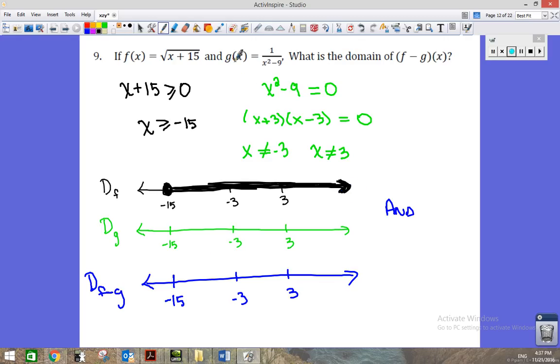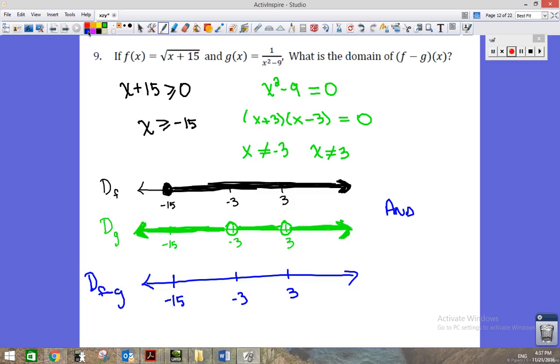Now, here in g, there were only two values that caused us problems. Of all the real numbers, these were the only two that we had to worry about, the only two that when you plug them in are solutions to that denominator being 0. x squared minus 9 equals 0 has two solutions. We don't want those to be in the domain, so we exclude them. All of the other numbers are fine.